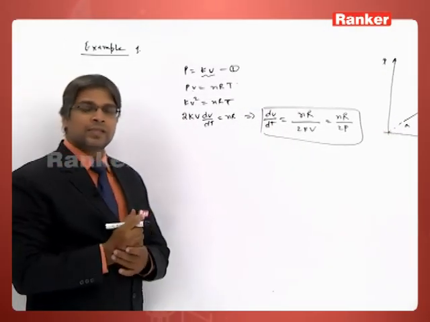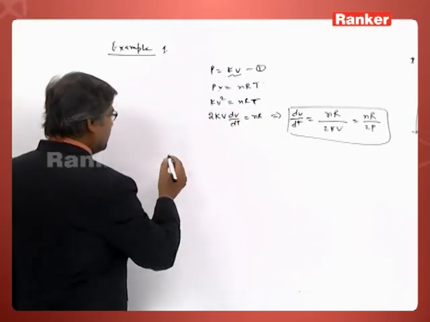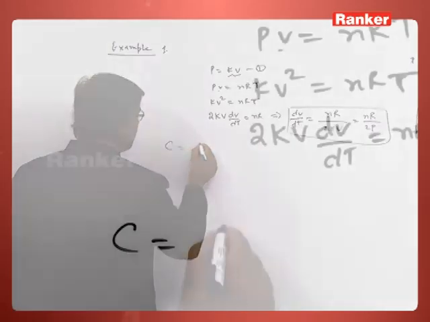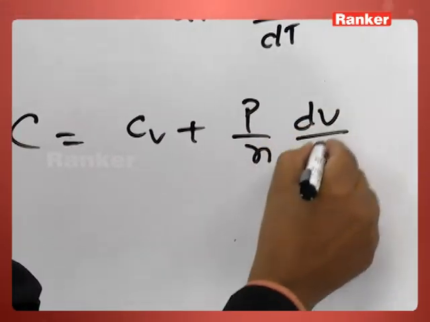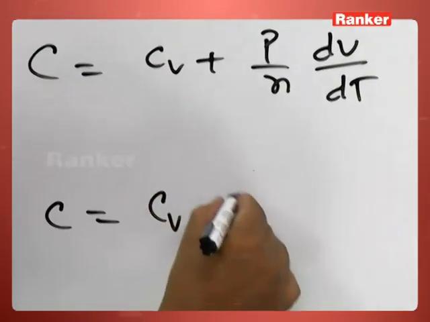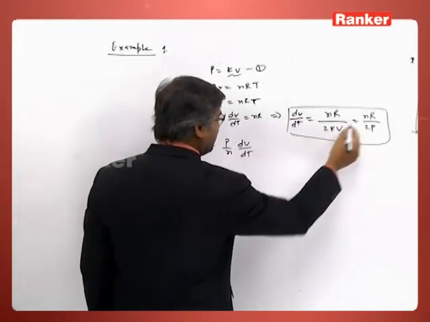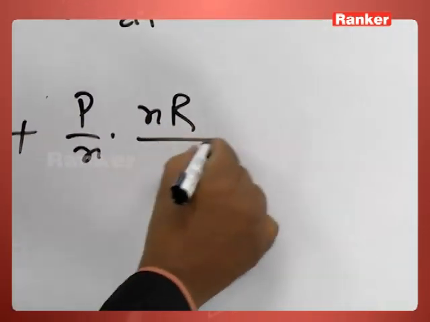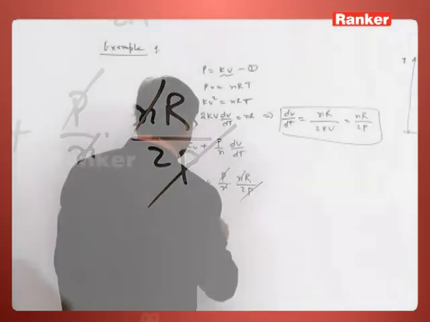Now we use the expression for specific heat for a general process, that is C is equal to CV plus P by n dV by dT. So for this process, CV is CV, P by n, and we have dV by dT as nR by 2P. So this P cancels, this n cancels.